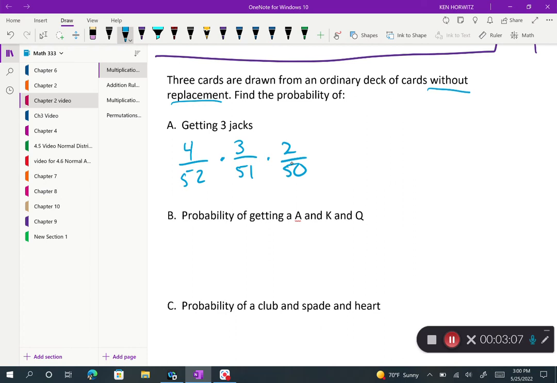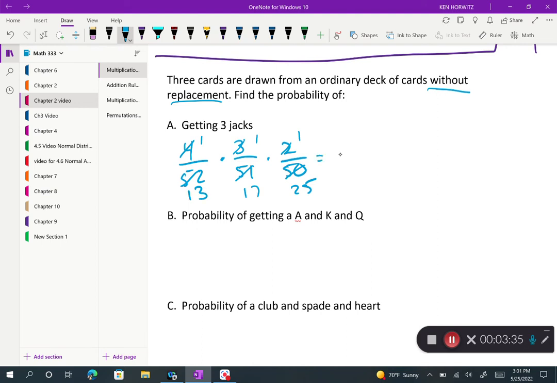All right, hopefully you got an answer. I was able to do a little bit of simplifying beforehand. So the 2 and the 50 go to 1 out of 25. The 3 and the 51, it's 1 over 17. And the 4 and the 52 is 1 over 13.